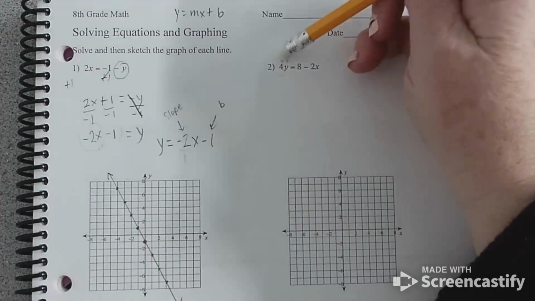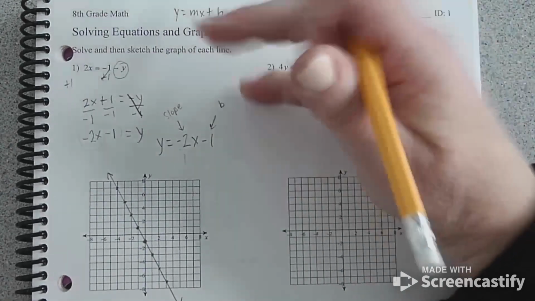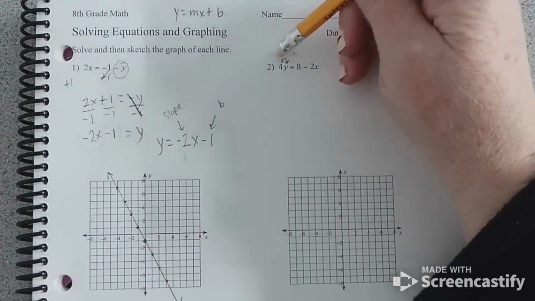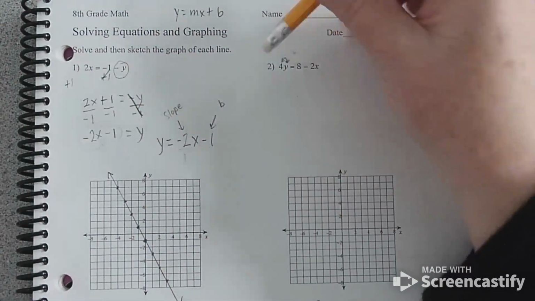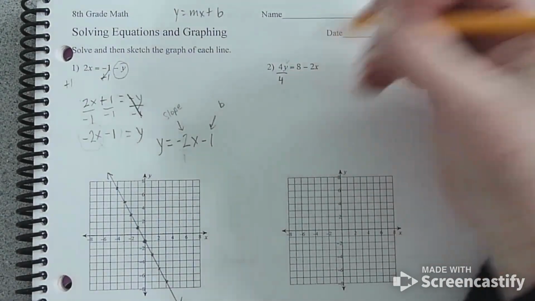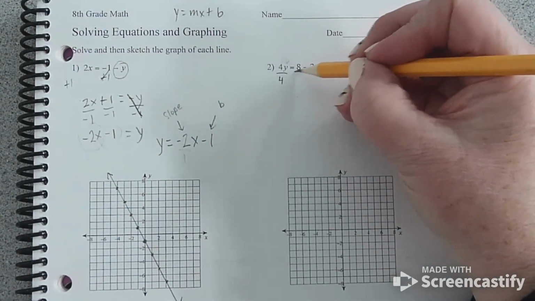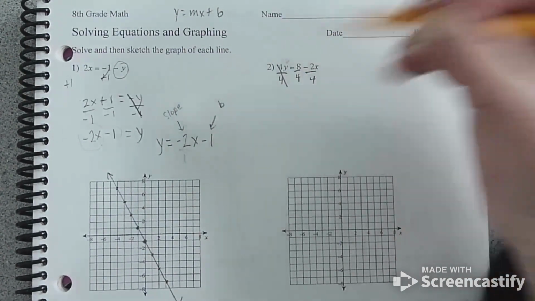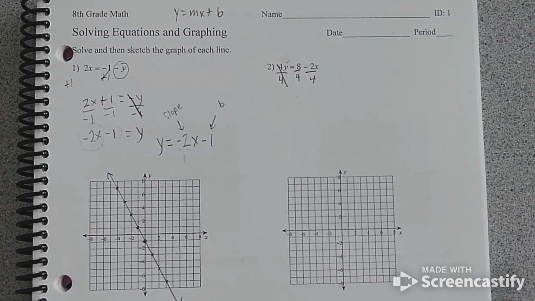Your best friend always goes home by division, because the inverse operation of multiply is divide. When a 4 and the y are next to each other, that is multiply. So we need to divide by 4, okay? So if we divide by 4 here, we need to divide by 4 here, and we need to divide by 4 here. So remember, whatever you do to one, you got to do to the others, okay?